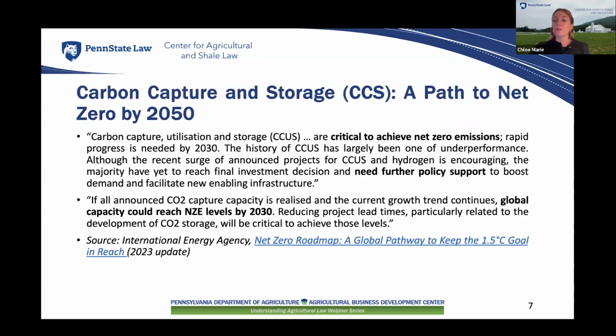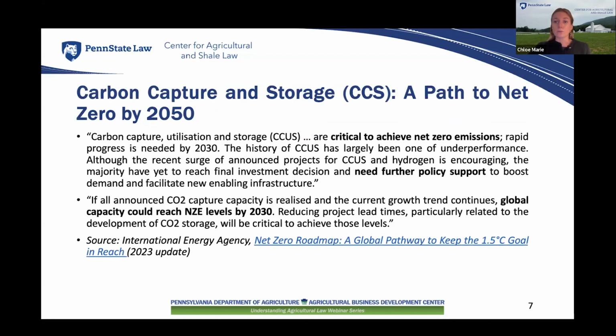Just to give you a quick overview of why carbon capture and storage technology is getting so much attention in recent years, it seems that this technology could be the solution to a lot of our greenhouse gas emission reduction issues.